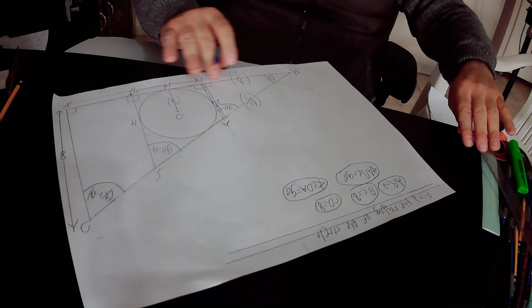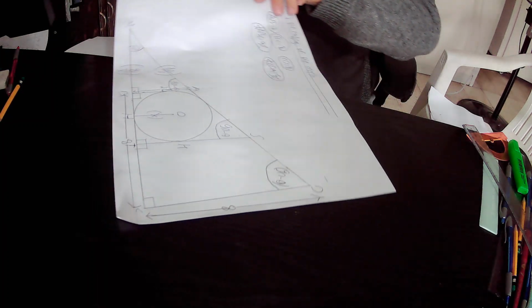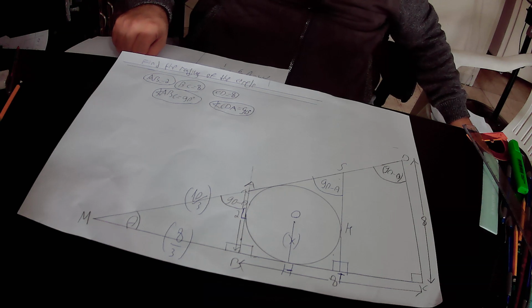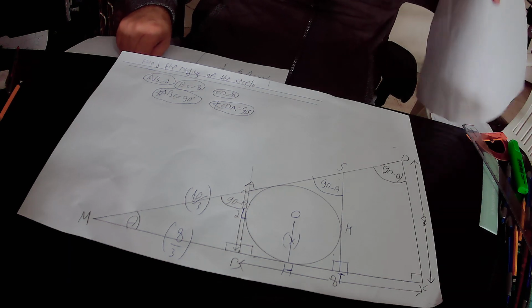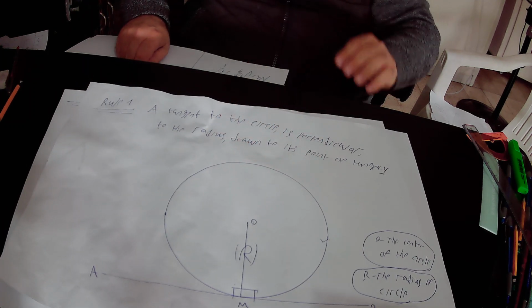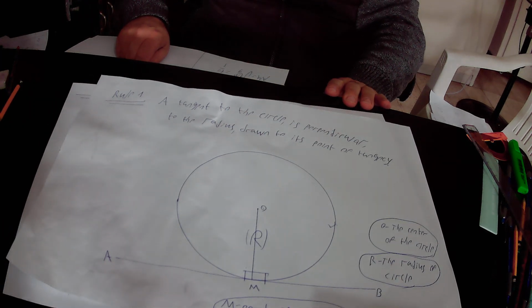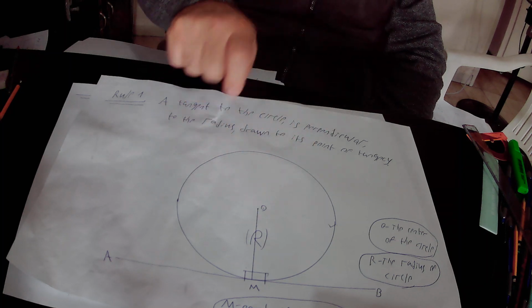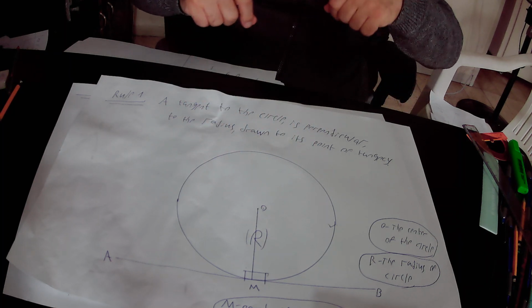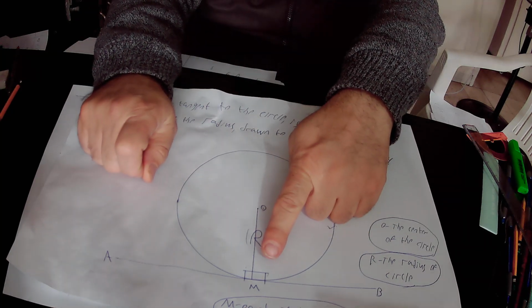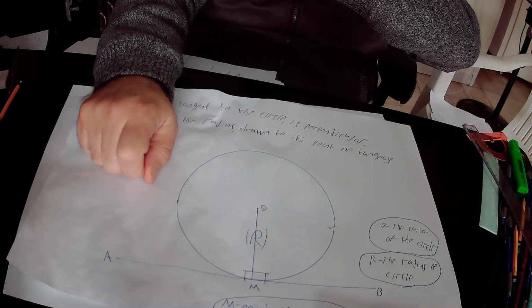So we can implement here rule 1. I'll repeat quickly rule 1. According to rule 1, a tangent to the circle is perpendicular to the radius drawn to its point of tangency. In the drawing, we have a circle, and we have also tangent AB that is tangent to this circle at point M. Point M is the point of tangency.